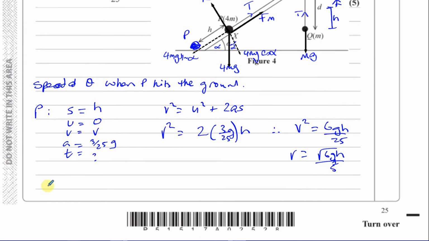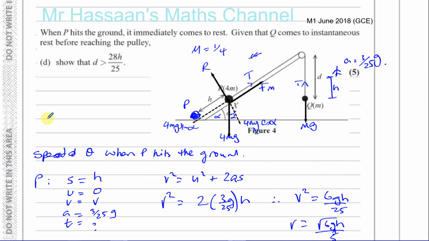Now it's going to reach a new situation. Once P hits the ground, the string becomes loose. It's not taut anymore. So once P hits the ground, Q is only moving under the acceleration due to gravity, which is acting down. So the new situation for Q is as follows.